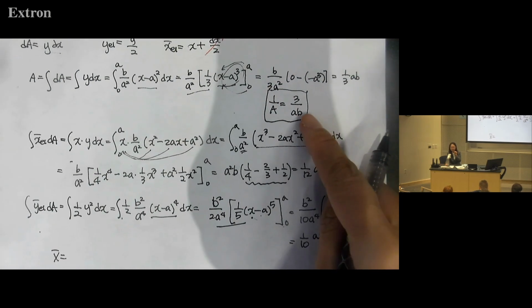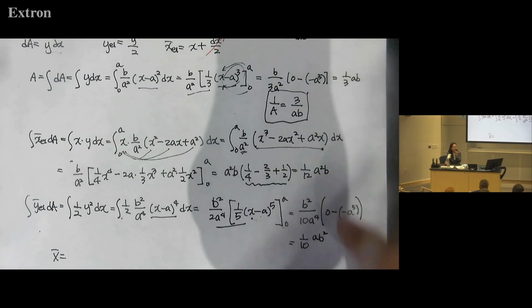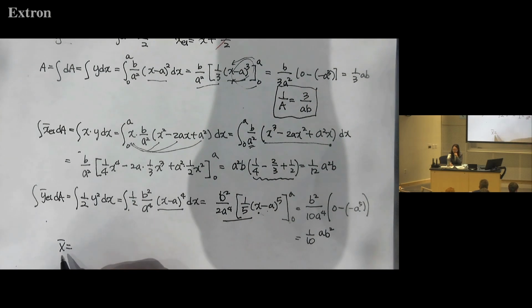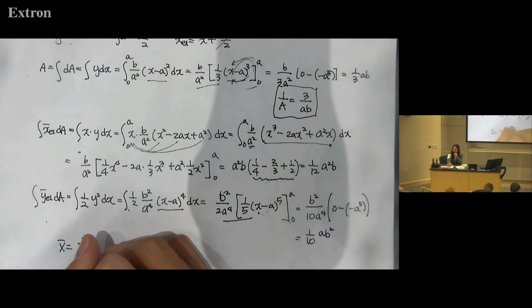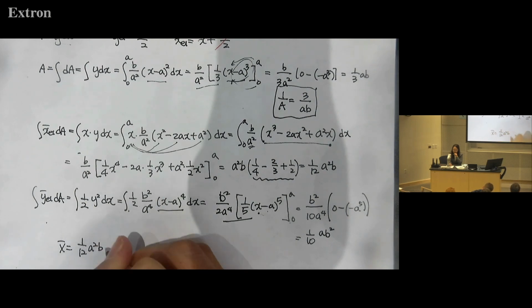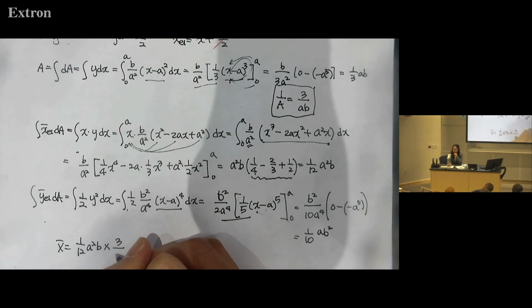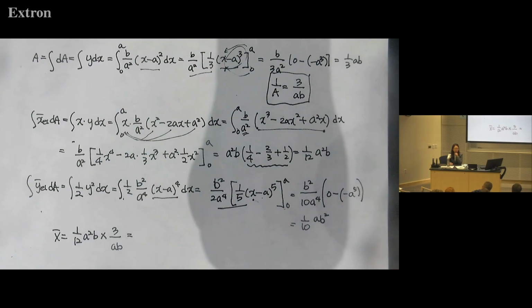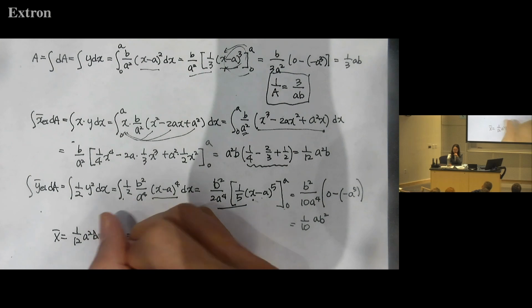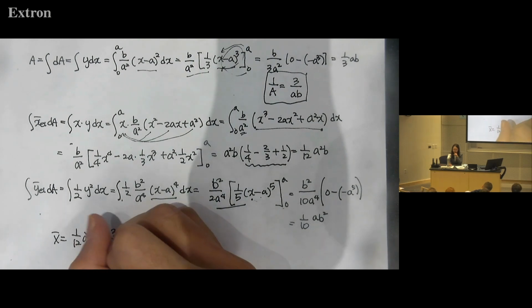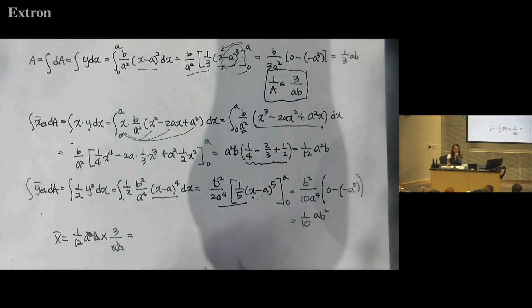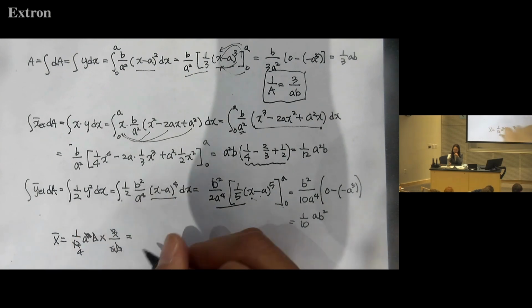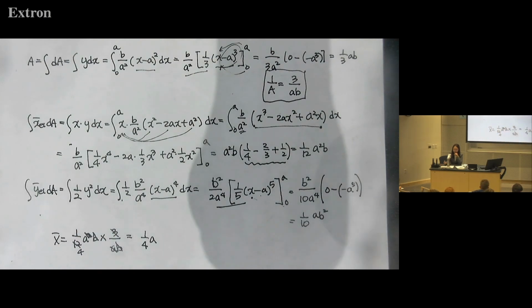And let's multiply this to this and then this. Okay? So x bar is 1 over 12 a squared b times 3 over ab. Right? And then b is gone, and a is gone. So 3 over 12 is 4, right? So 1 over 4a.